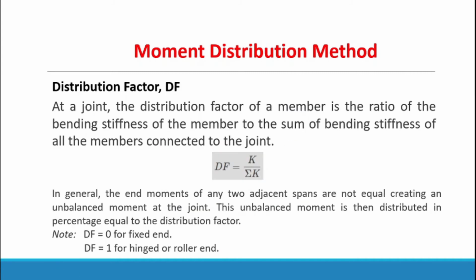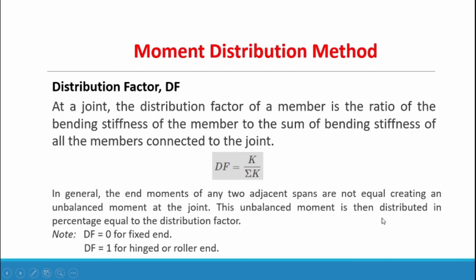After the fixed end moment, we will find the distribution factor, or DF. At the joint, the distribution factor of a member is the ratio of the bending stiffness of the member to the sum of the bending stiffness of all the members connected to the joint. DF is equal to K all over summation of K. In general, the end moments of any two adjacent spans are not equal, creating an unbalanced moment at the joint.